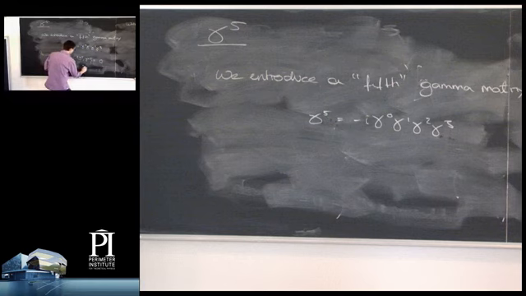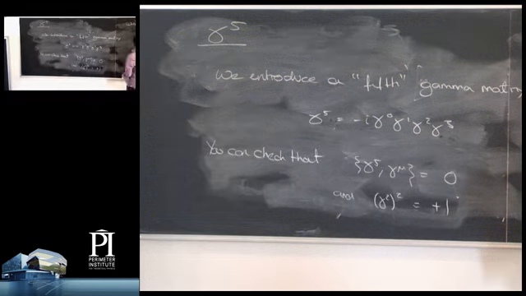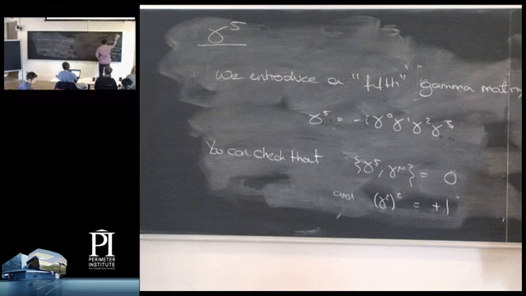And secondly, it squares to 1. Gamma 5 squared equals 1.